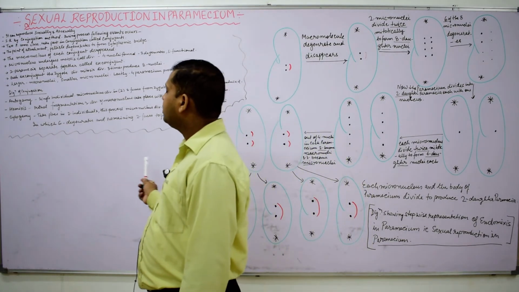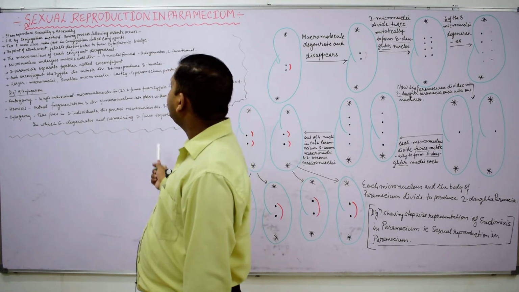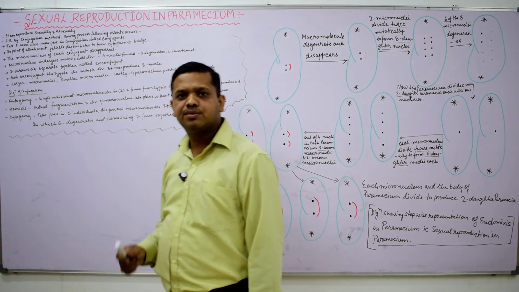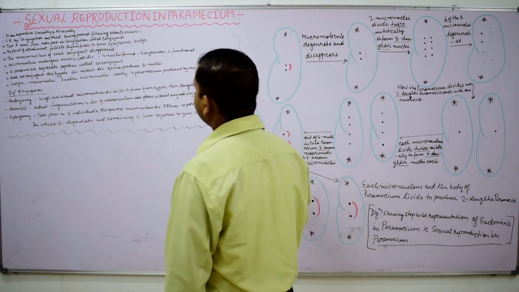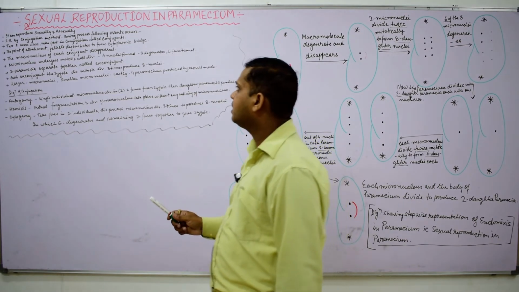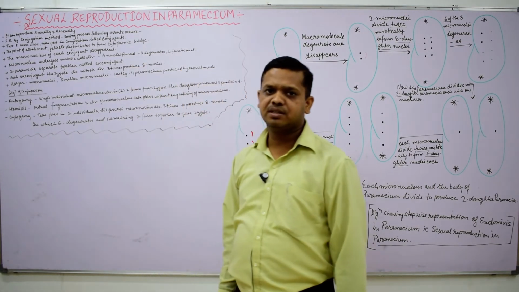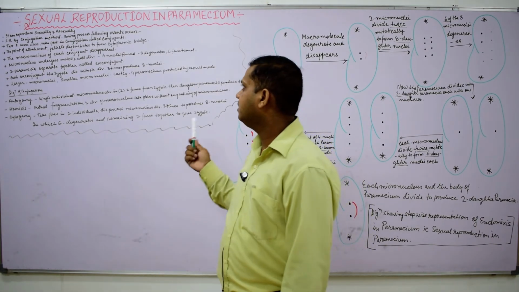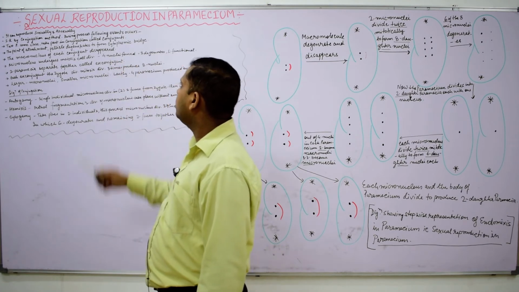Sexual reproduction occurs by the conjugation method, and during this process the following events take place, as we have seen in the diagram. The 2 Paramecia come closer and take part in conjugation. They are called conjugants.